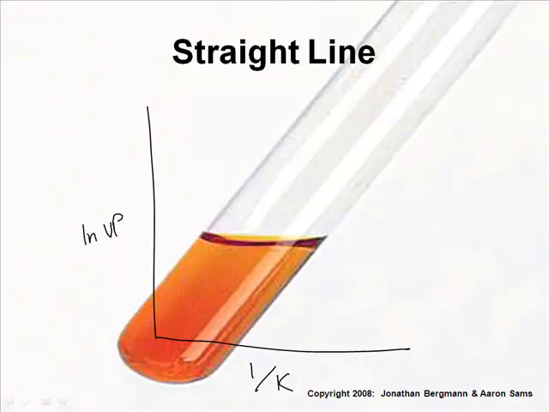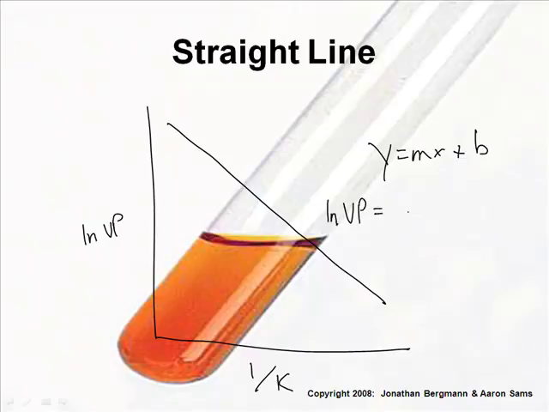Kind of confusing, and that gives you a straight line, and then it will have the equation y equals mx plus b. Now, y will be the natural log of the vapor pressure, and the slope of your line is delta H vap, the heat of vaporization.